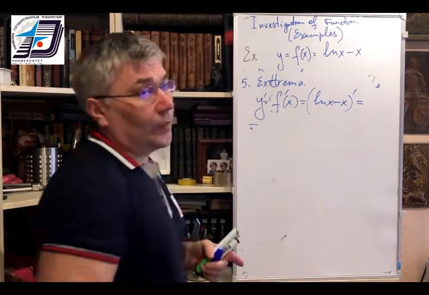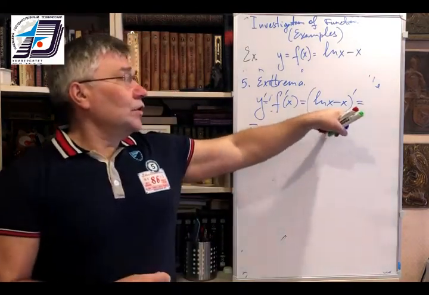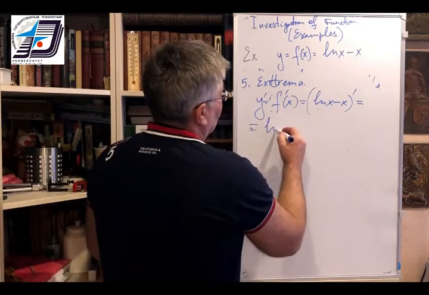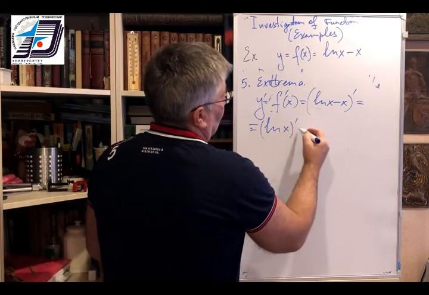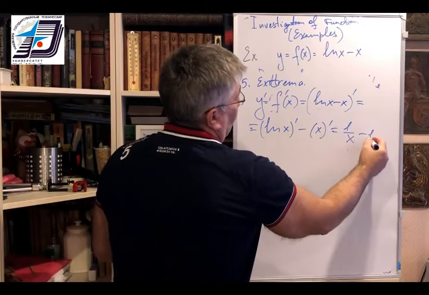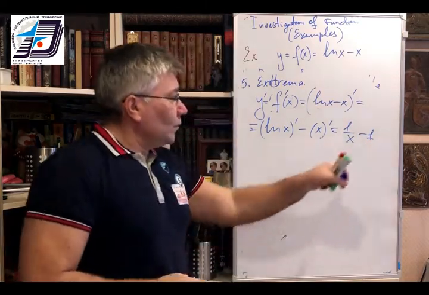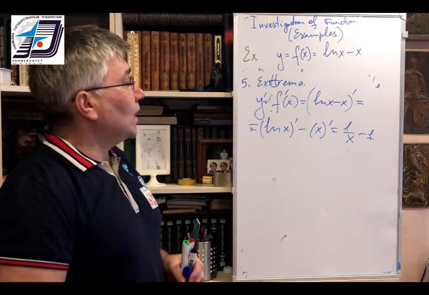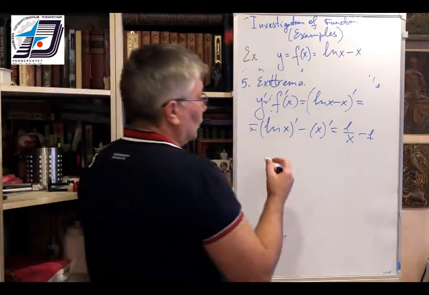If you have a subtraction, we use the rule for subtraction and calculate the derivatives separately. And you have 1 over x minus 1. This gives you the extremum point of the function.